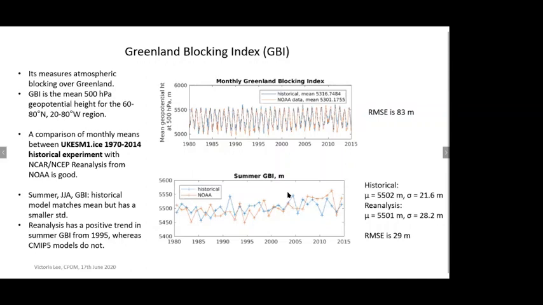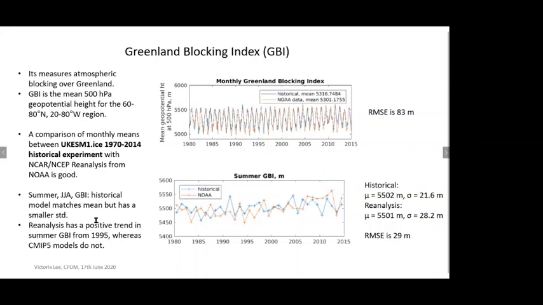We get pretty much the same mean across the time series, but the variation is not quite that good. Our root mean square error drops to 29 meters, but we have to appreciate that in the monthly data it's over 500 meters, but in the summer it drops to about 100 meters. So the relative error has gone up a bit.